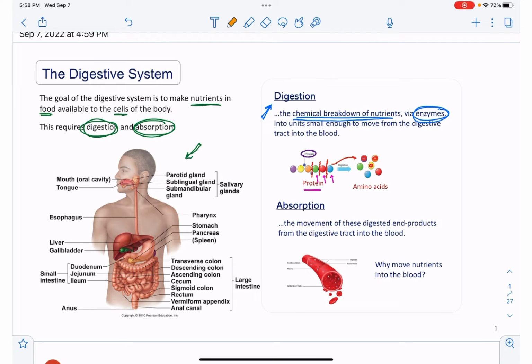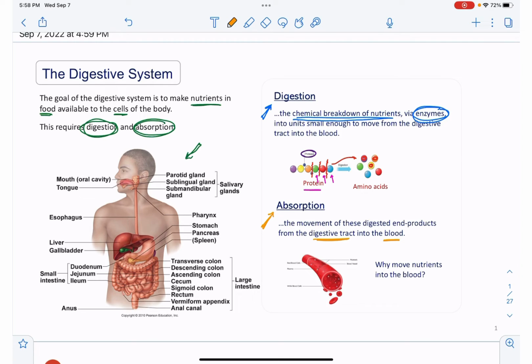And that takes us to absorption. And absorption refers to the actual movement of these digested nutrients from the digestive tract into the blood. So when proteins are moving down through the digestive tract, that's too large of a molecule to move across the digestive tract lining and into the blood.